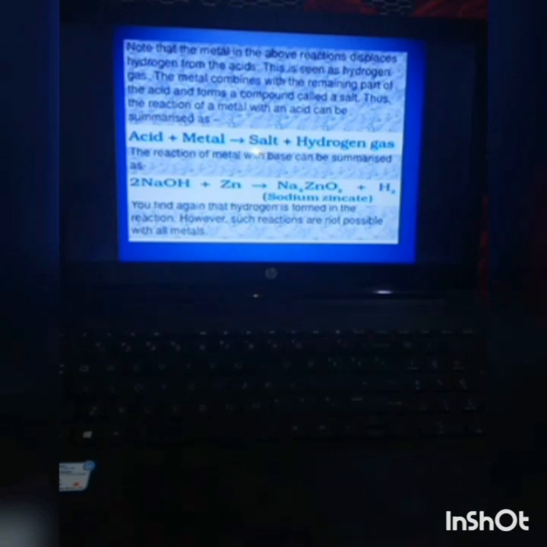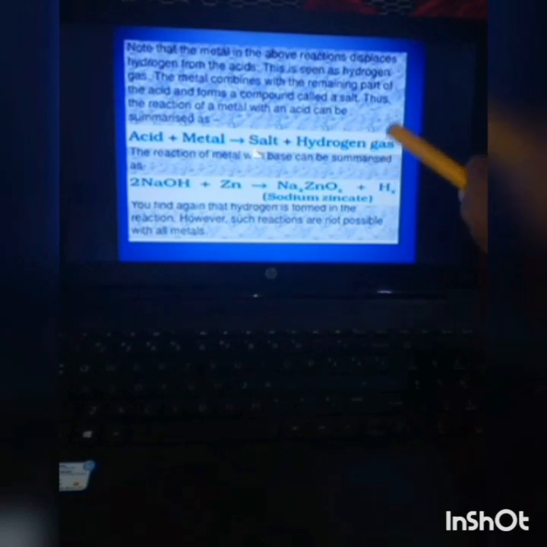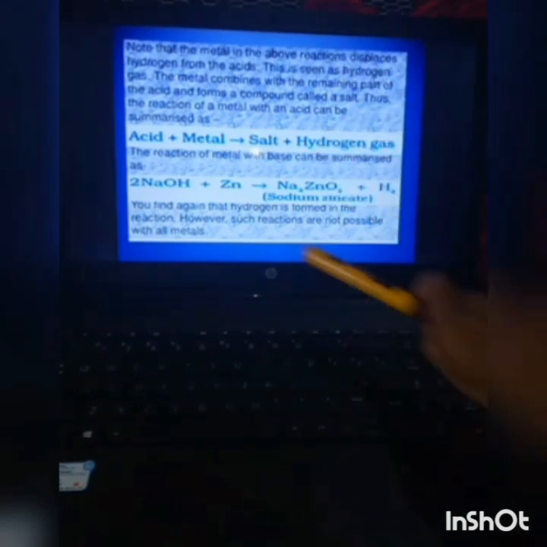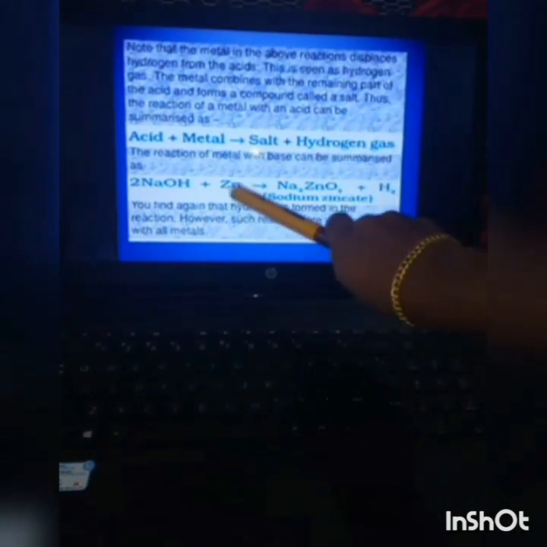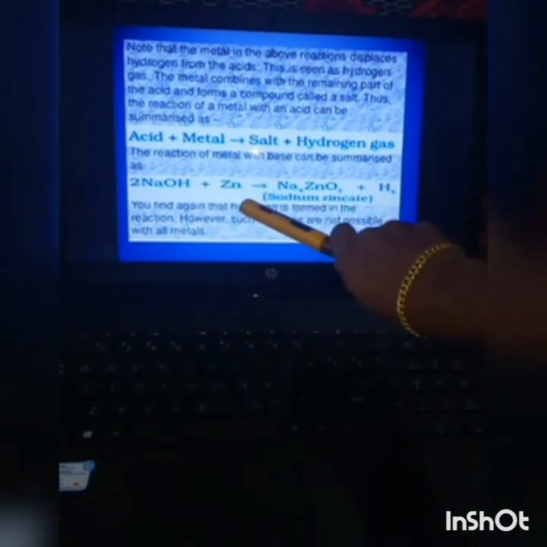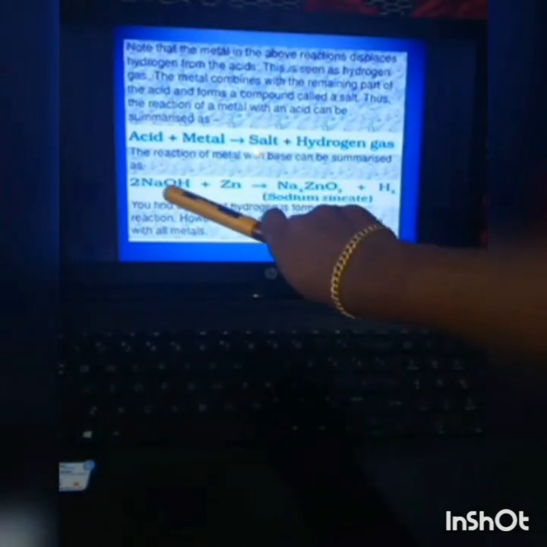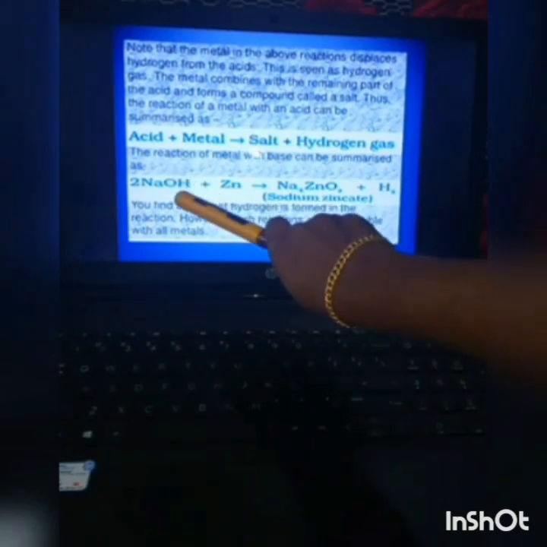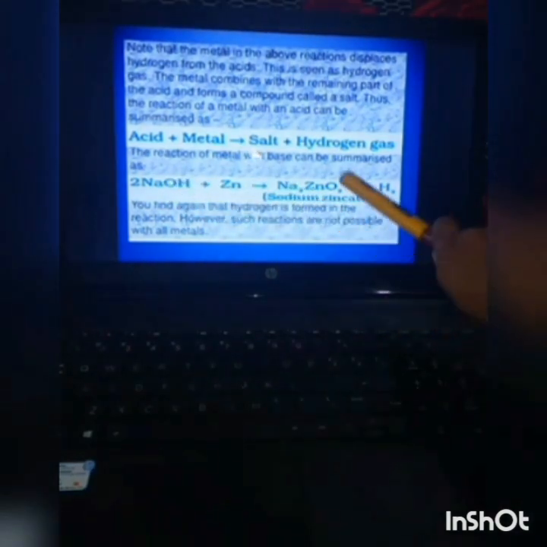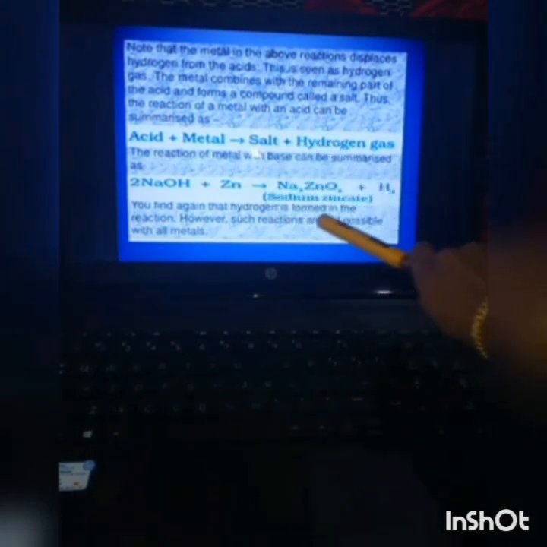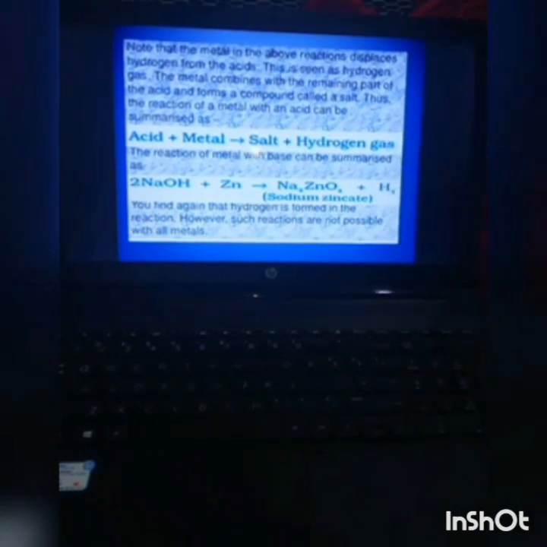We can summarize it as: when an acid or base reacts with a metal, it produces salt plus hydrogen gas. The example here is NaOH plus zinc. Instead of acid, we are taking a base. The same reaction happens. The salt formed is sodium zincate, that is Na2ZnO2, and hydrogen gas is evolved. So this is the reaction that happens.